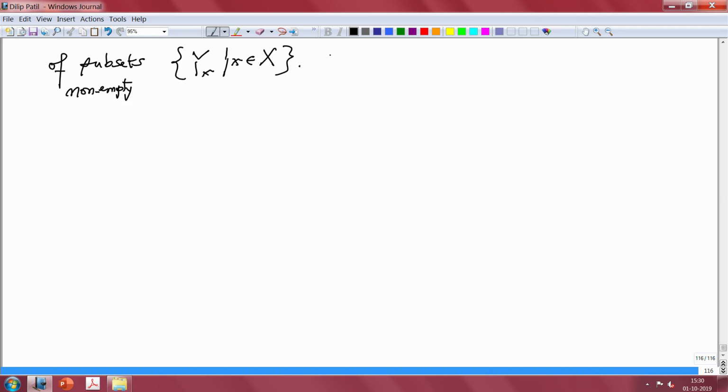So by axiom of choice, we can choose a choice function.